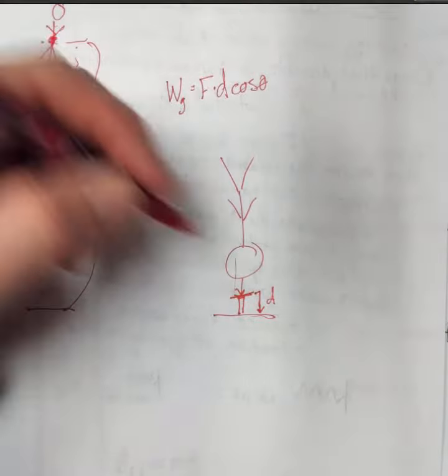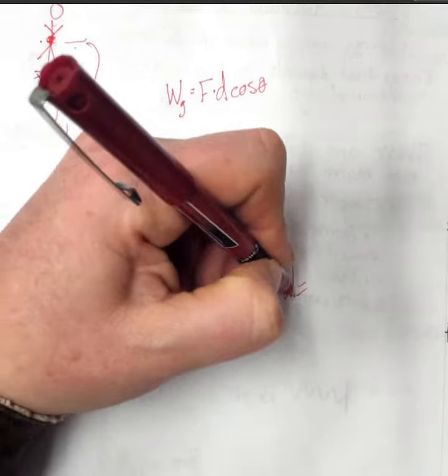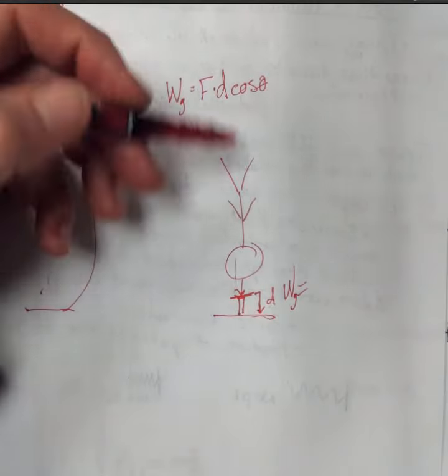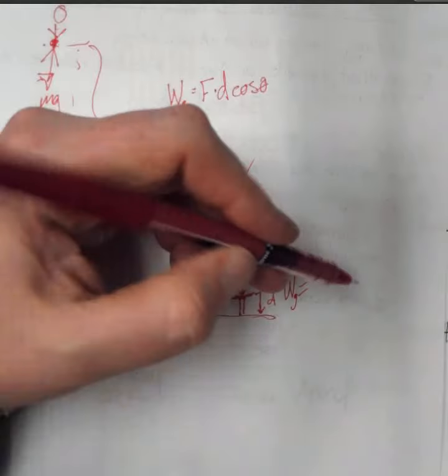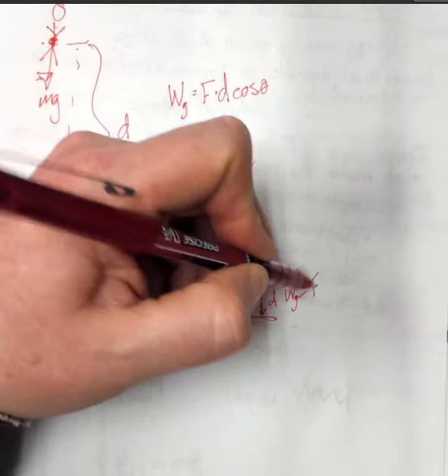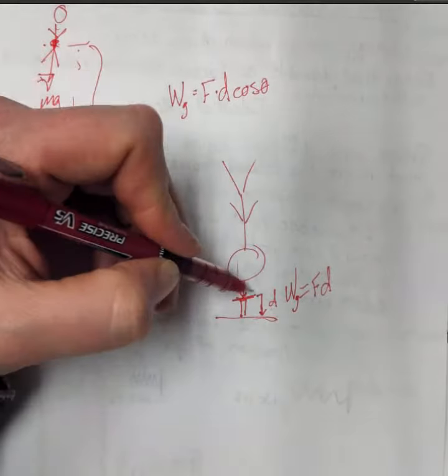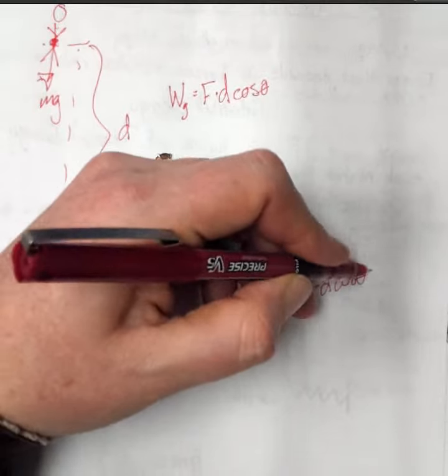So here in this situation, the work done on the stake would be the work of you experiencing your potential energy getting transformed into kinetic energy. And now you're going to apply that force, mg, over the displacement of the stake down into the ground. And again, cosine theta would be 0.